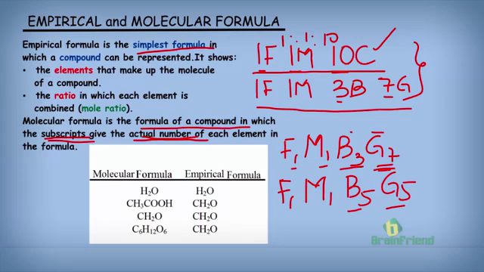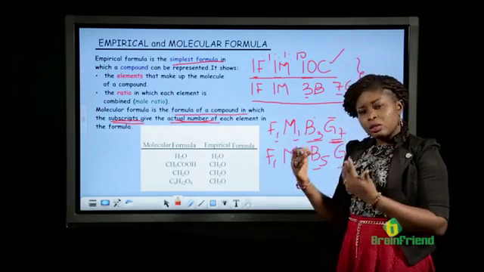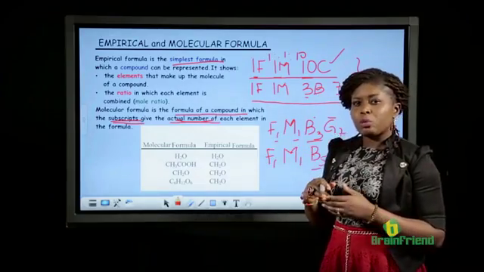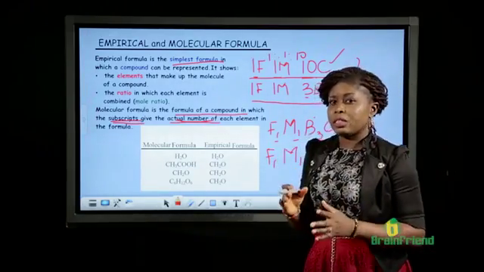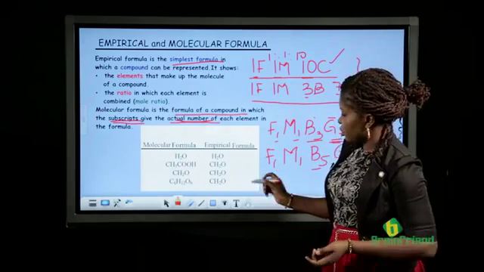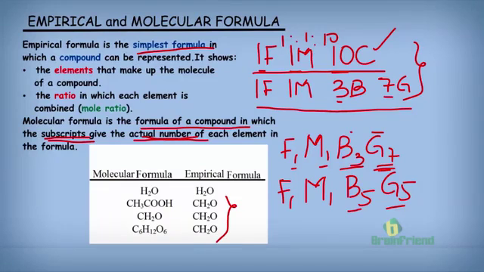So this goes to tell us that more than one compound can have the same empirical formula, but in the writing of their molecular formula, we'll be able to see the difference in these compounds. Take, for instance, these three compounds. You can see that the empirical formula of these three compounds is the same, CH2O, for the three of them.